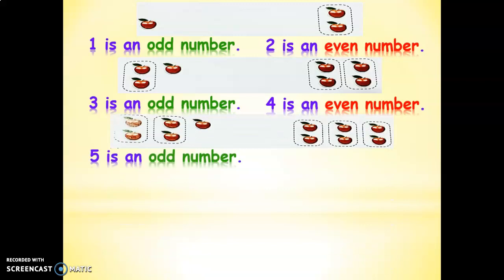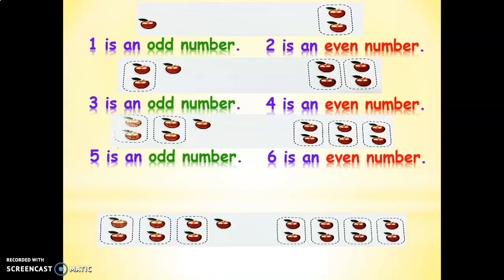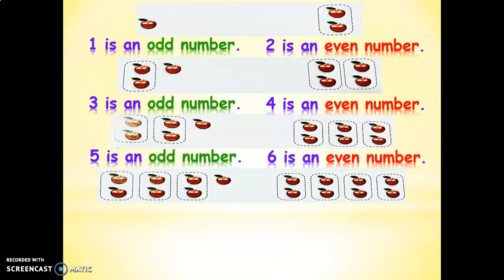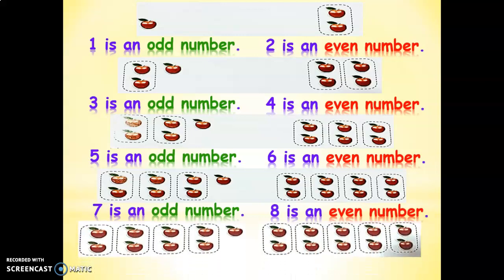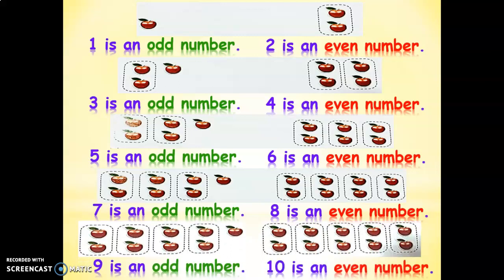Number 5 is also an odd number. Number 6 is another even number. Number 7 is another example of odd number, while number 8 is an even number. Number 9 is an odd number. And number 10 is an even number.